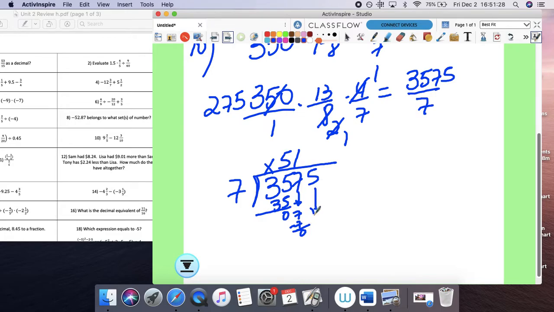And we're going to bring the 5 down. 7 goes into 5, no it doesn't, so it's 0 times. Add a 0. Bring that down. So actually we're going to leave it as a mixed number, so we can stop. 3,575 over 7 as a mixed number is 510 5/7.